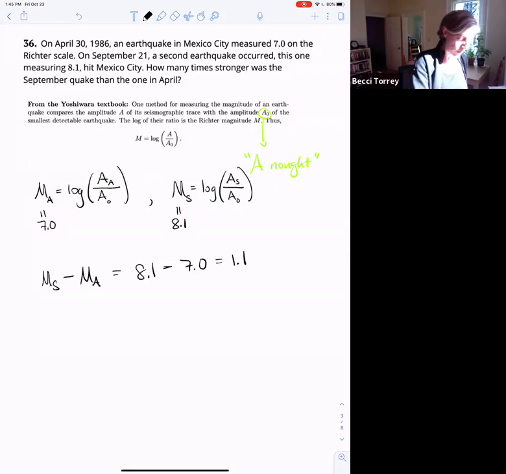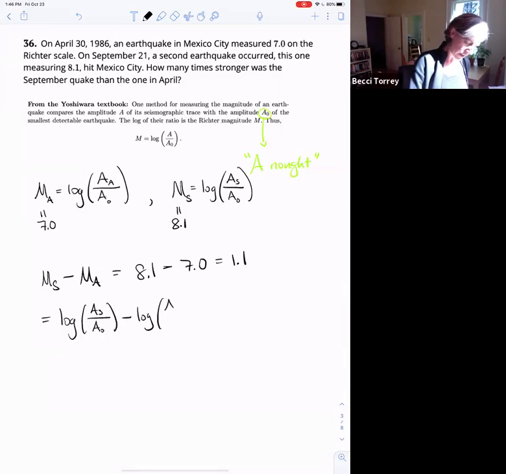But we also know that M sub S is log of A sub S over A naught, and M sub A is log of A sub A over A naught. So this 1.1 is also equal to log of A sub S divided by A naught, minus log of A sub A divided by A naught.